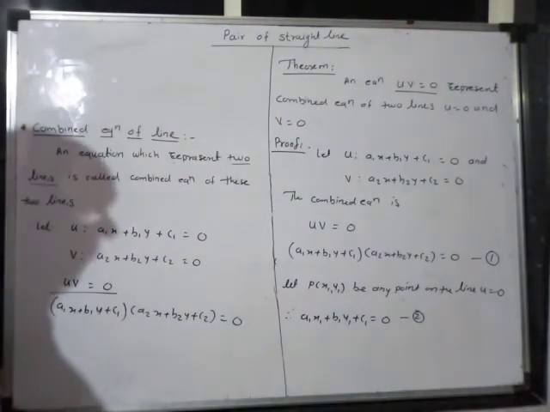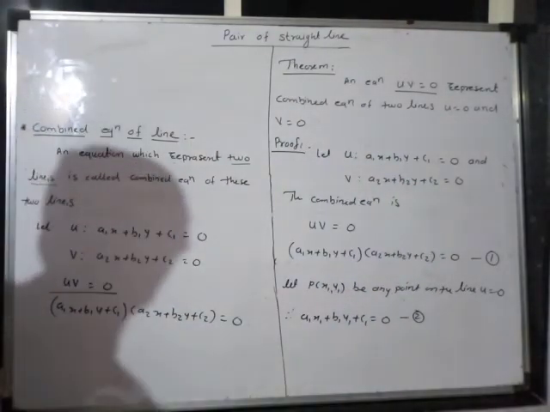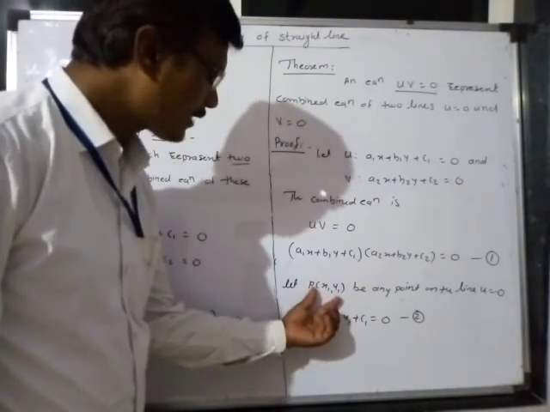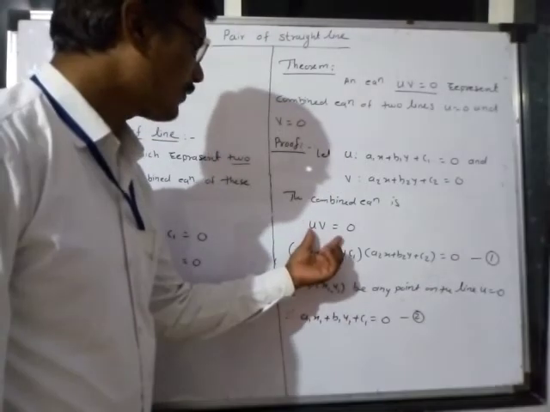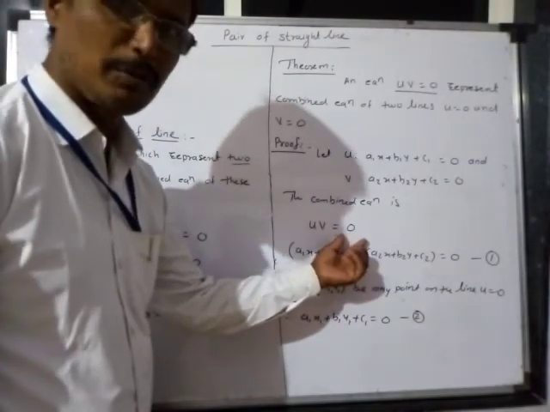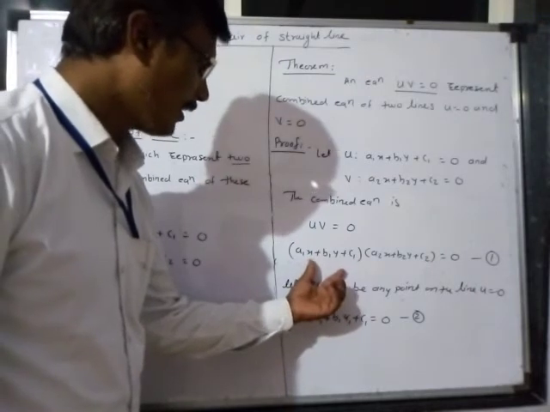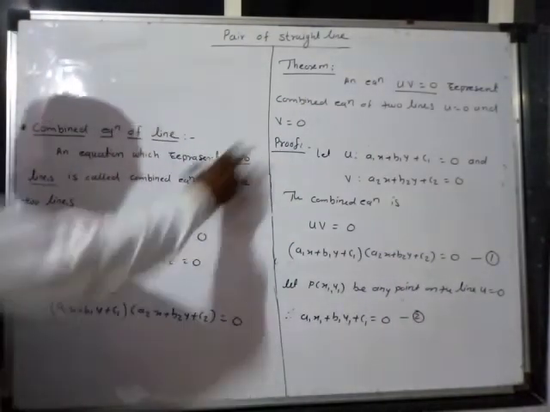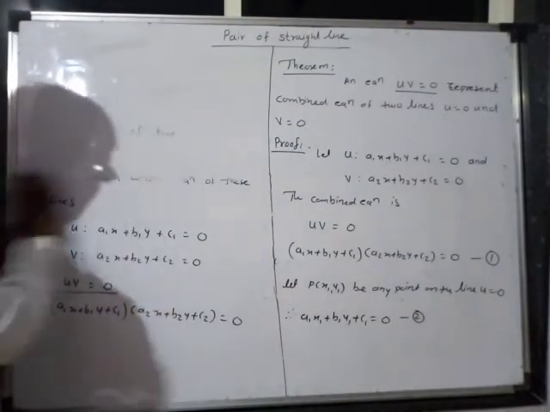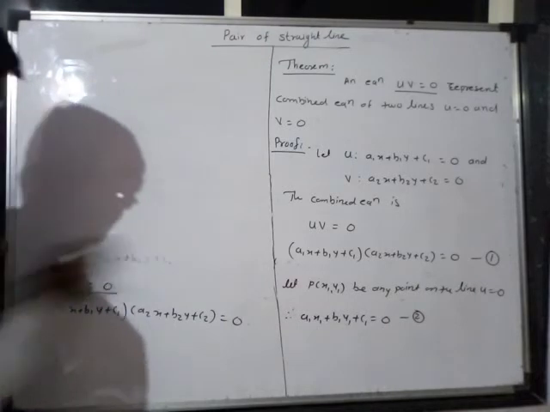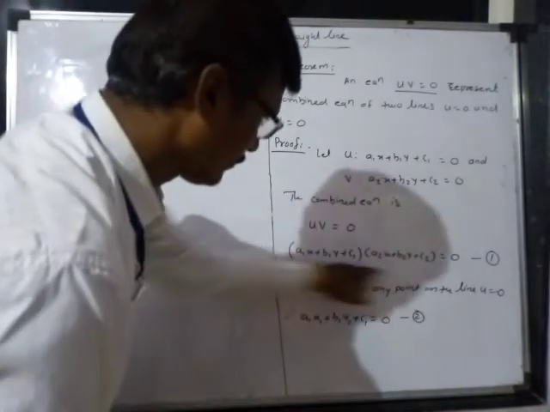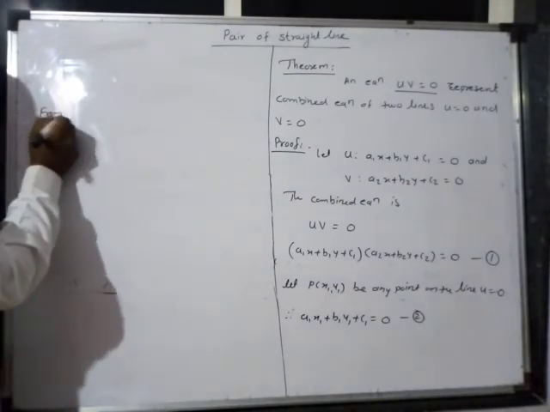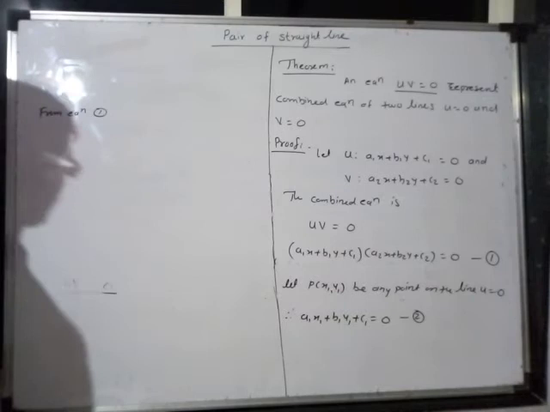Okay, now we have to prove that this point P(x1, y1) also satisfies this equation, that is u into v is equal to 0, that is, this equation must be satisfied. Okay, now we consider the LHS of this equation, from equation 1, equation 1 वरून.